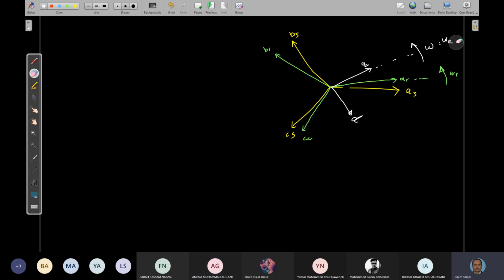Now, if this frame is rotating by omega r, then it is rotating by the rotor speed. So the reference frame is seen to be attached to the rotor. Now, the D and the Q are not an actual frame, they are a virtual frame.